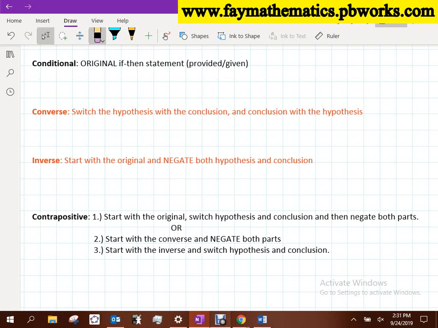So yesterday we finished up talking about if-then statements, and I was going to have you write down some vocabulary for if-then statements every time that we come across one. It would make more sense if I could show you the textbook.